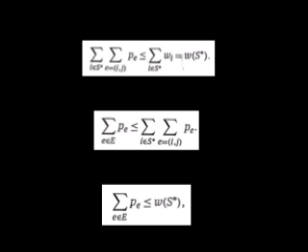Adding these inequalities over all nodes in S*, we get the formula at the top of the screen. That is, the summation over all i in S*, with the inner summation over all edges e = (i, j) of the terms p_e, is less than or equal to the summation of w_i over all i in S*, which equals w(S*).